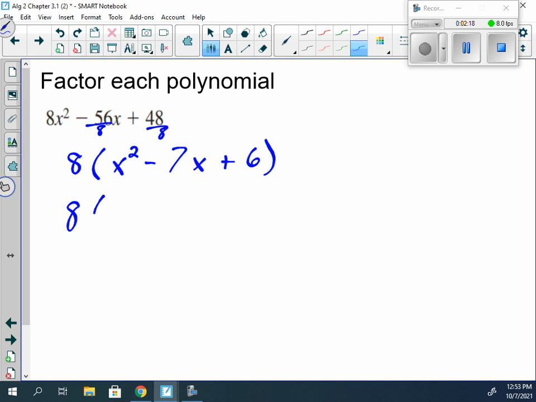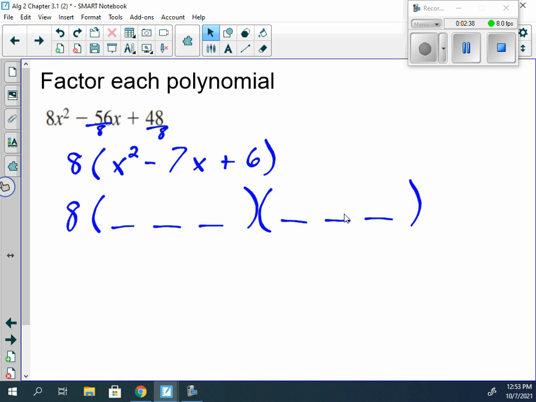Now that we have the greatest common factor factored out, we can move on to step number 2, which is our 2 sets of parentheses with 3 spaces. And after this, what did we do next?